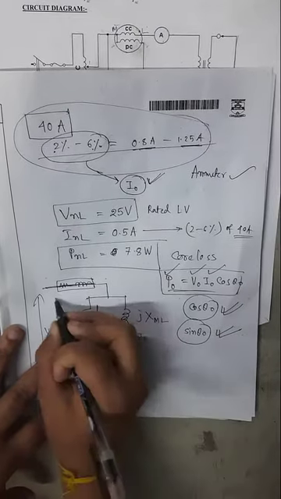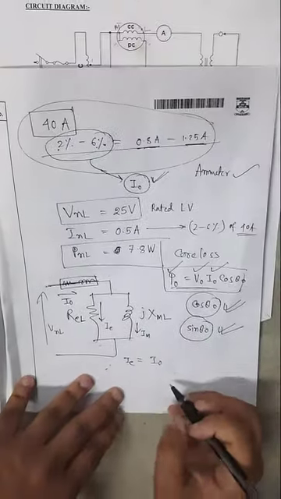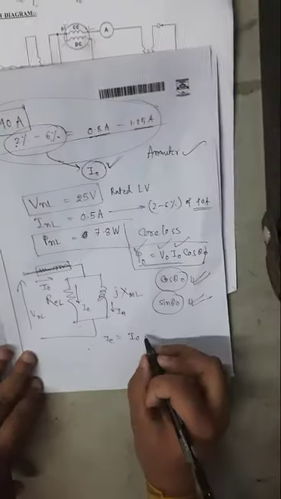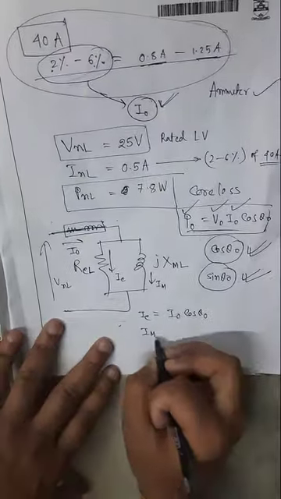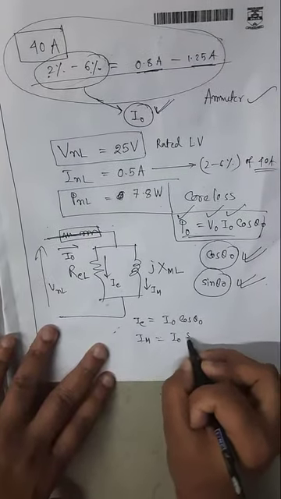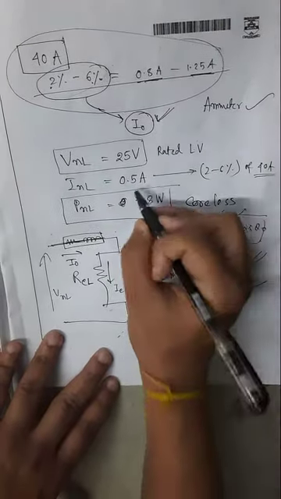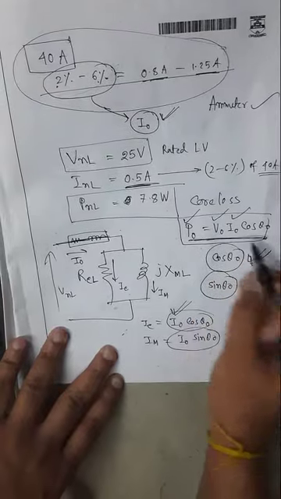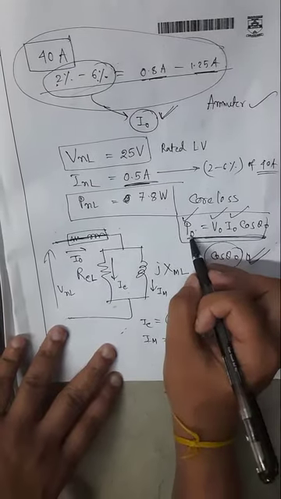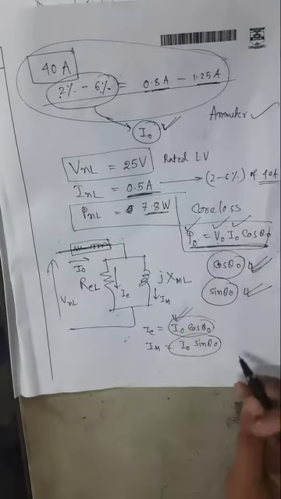Core loss current is what? Just recall the phasor diagram: it is I0 cos theta 0, and magnetizing current is I0 sin theta 0. I0 is known, I0 is 0.5 ampere. Cos theta 0 can be evaluated from this equation, where P0 is 7.8 watt and V0 is 25 volt.